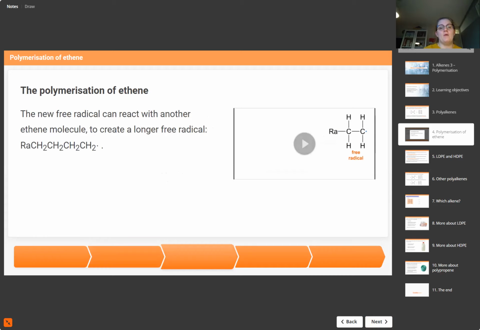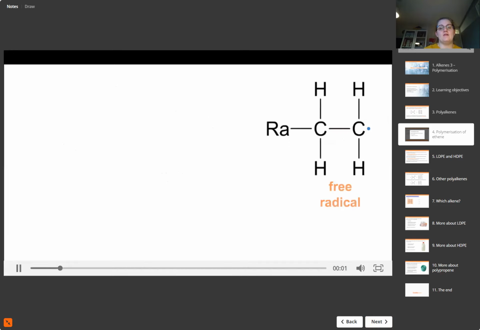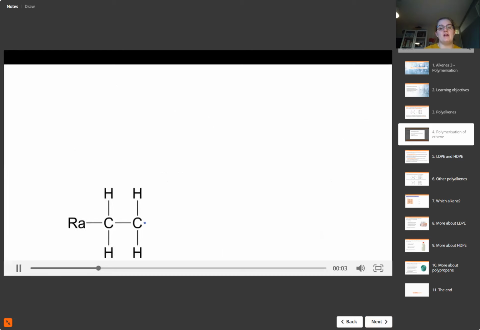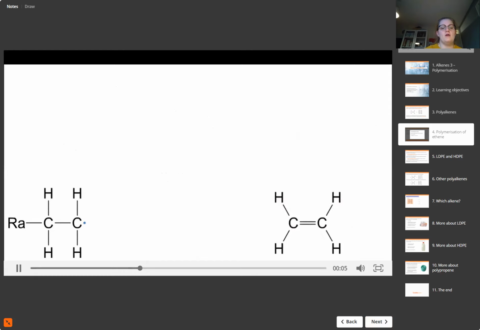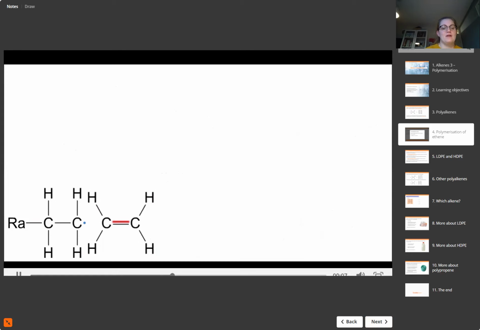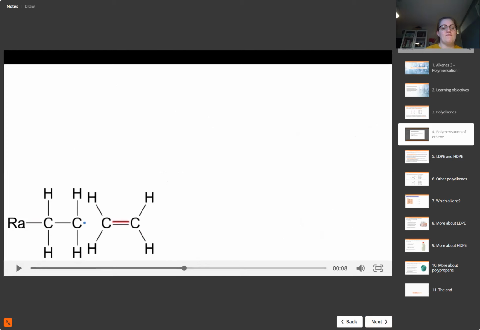So now we're going to polymerize ethene. We've got this free radical here. What comes along is another molecule of ethene. This is going to act exactly the same as when that free radical came along in itself. So it's going to attract itself to the ethene. This part here is our pi bond.